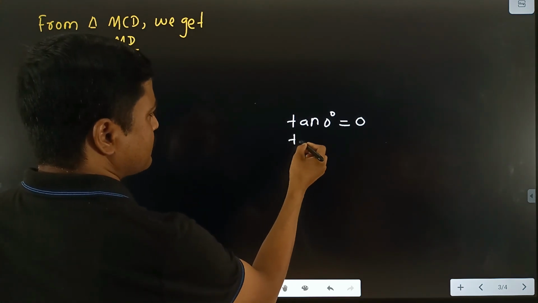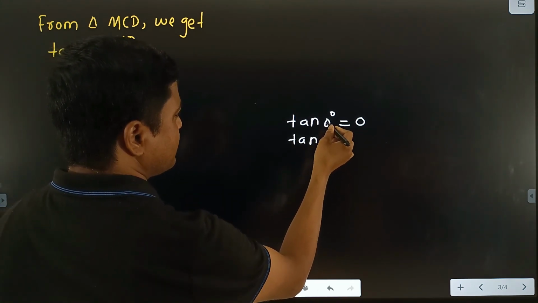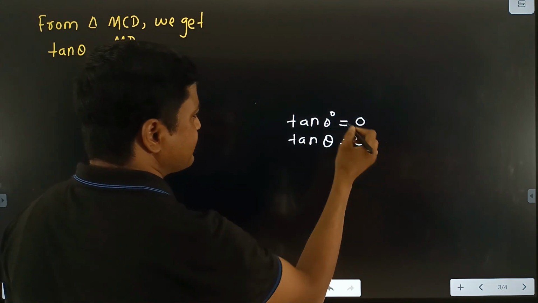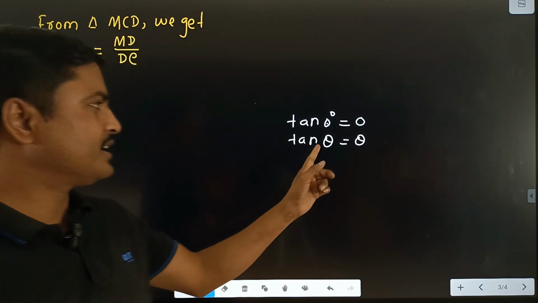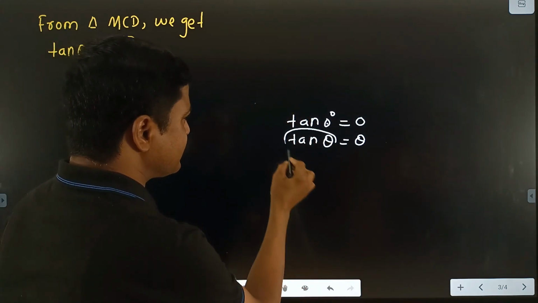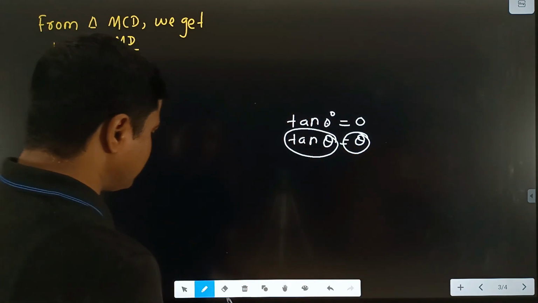And here you also know that the value of tan 0 degree is equal to 0. That means in place of 0, suppose we write theta. And if theta is small, in place of tan theta we write approximately theta.